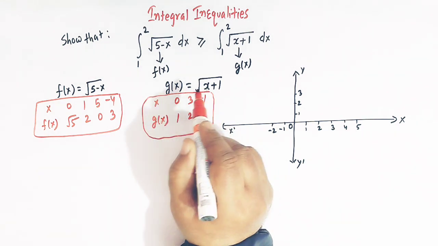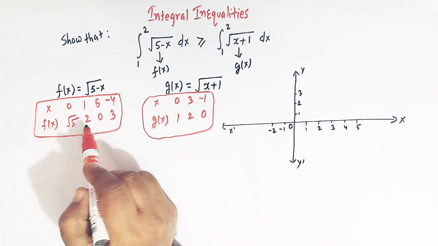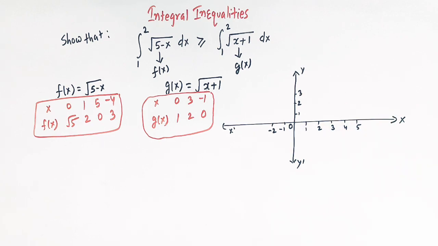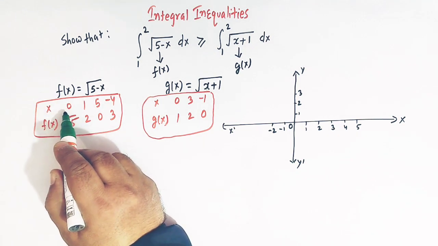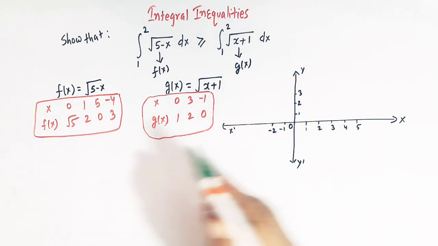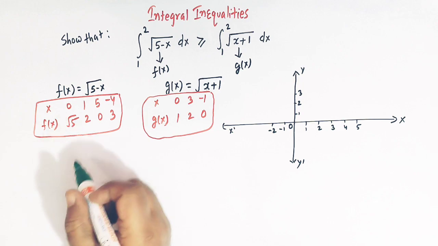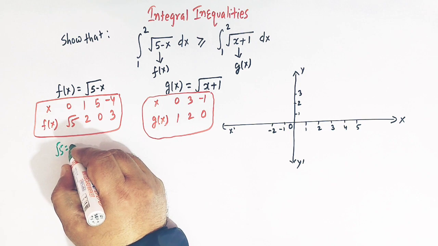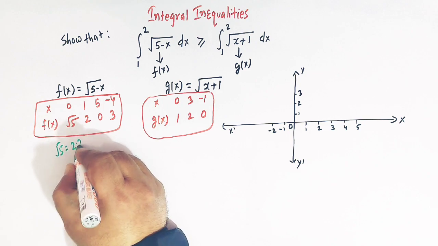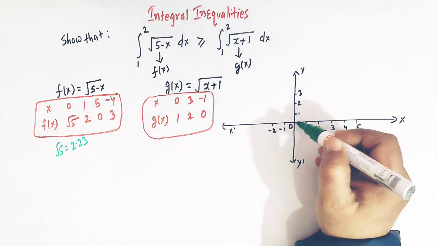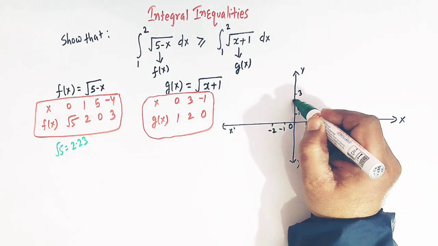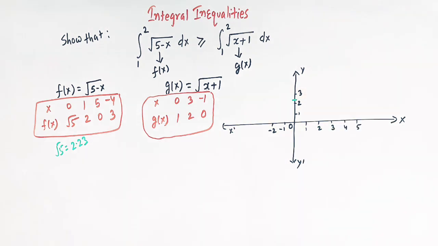So we have these values, and let us plot these points on this rectangular coordinate system. Let us first take f of x. So here we have x is equal to 0 and square root of 5. The approximate value of square root of 5 is 2.23, right? So when we take x is equal to 0, we have 2.23 somewhere here, right?